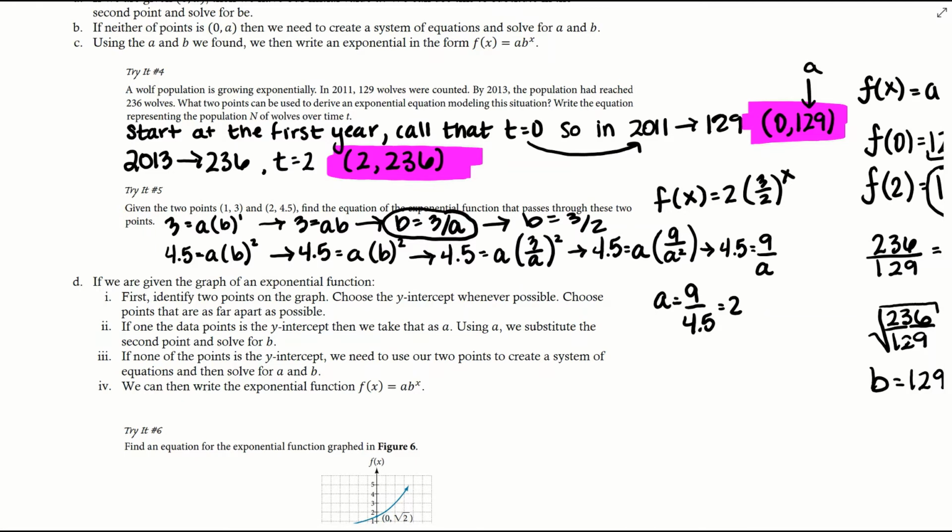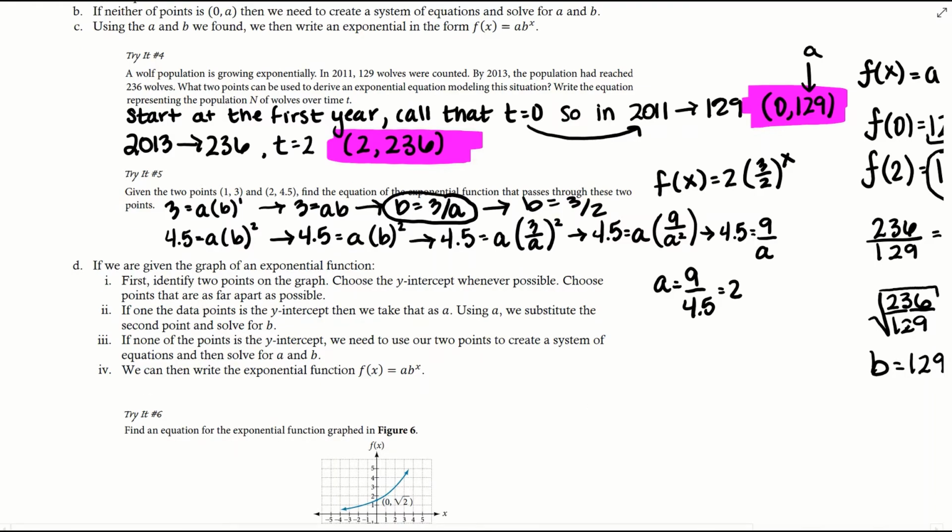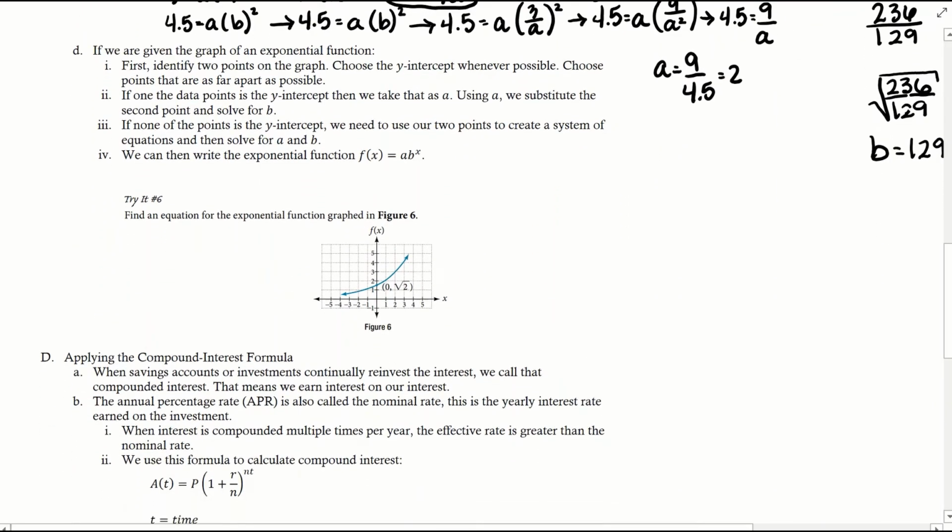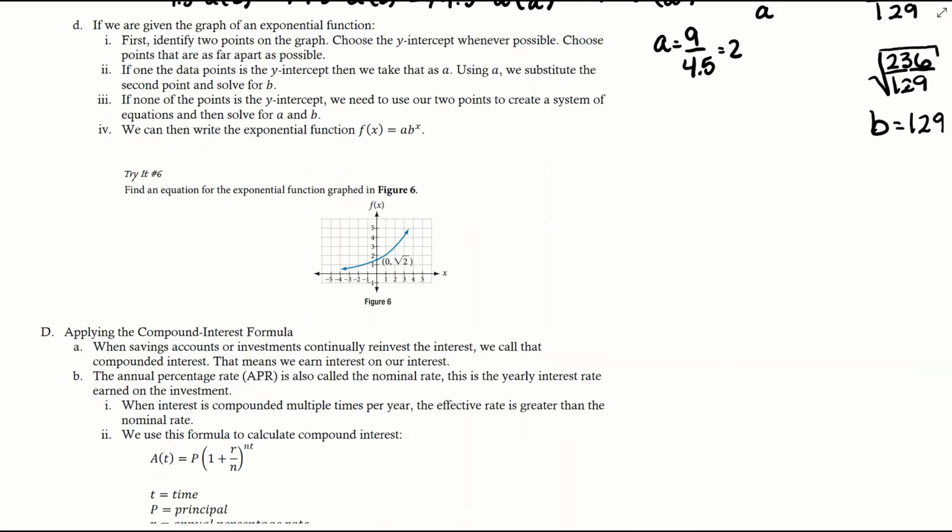So another way of doing this is we can use a graph. If we're given a graph, the first thing we're going to do is identify 2 points on the graph, and we need to choose the y-intercept if it is possible.